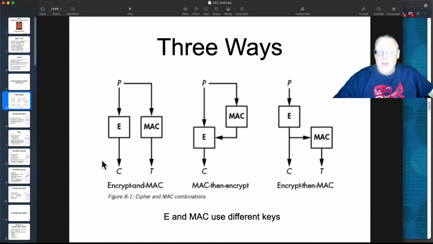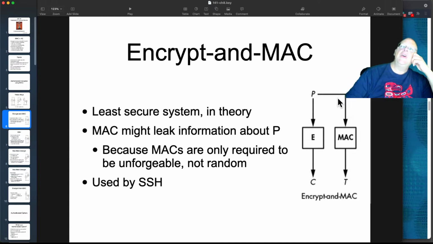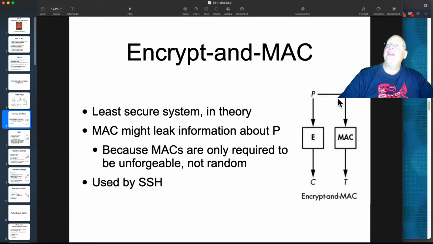These are three general ways to do it. And in principle, if all the operations you're doing are cryptographically strong, each of these will be strong. But they are not equally strong if things go wrong. This is the least secure system in principle because, remember we talked about this over the last couple chapters, if you just take standard algorithms like SHA-1 or something and use them, that's one way to go, and of course it's convenient, but in a mathematical sense, you may not be using algorithms that exactly have the properties you need.